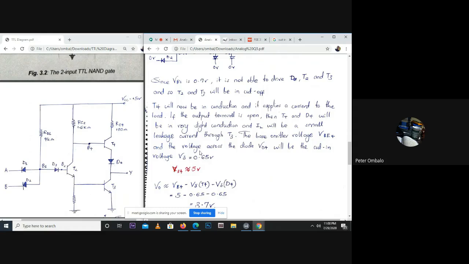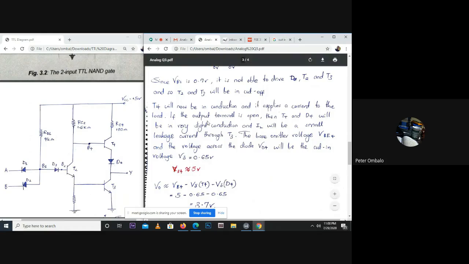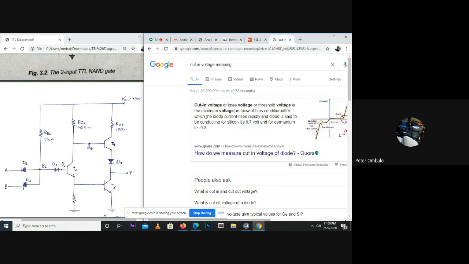Cut-in voltage, also known as knee voltage or threshold voltage, is the minimum voltage, just to the point where the transistor starts to conduct.